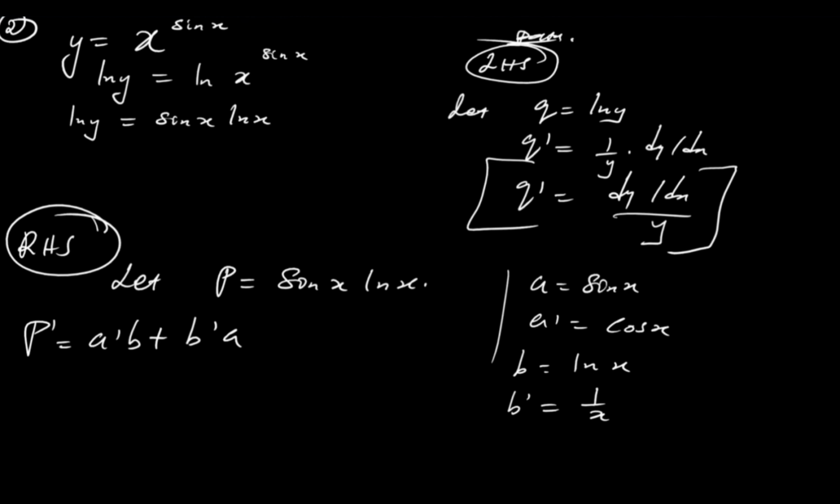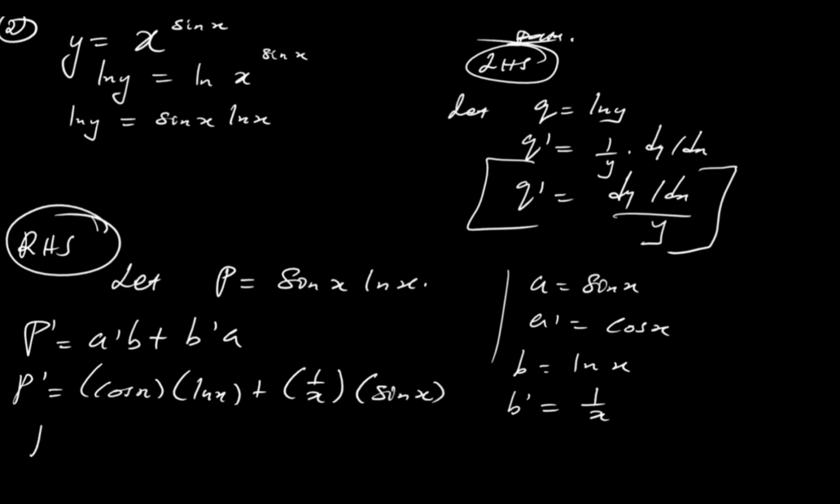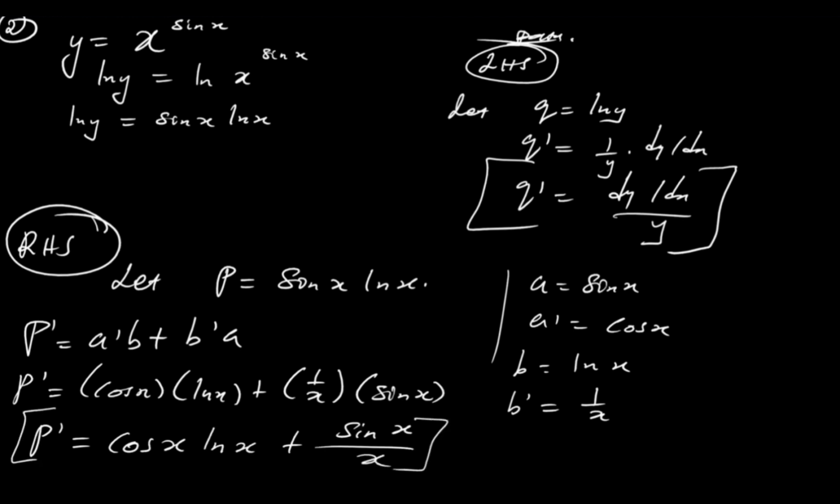So p prime is equal to a prime, which is cos x, times b, which is ln x, plus b prime, which is 1 over x, times a, which is sine x. So p prime is cos x ln x plus sine x over x.